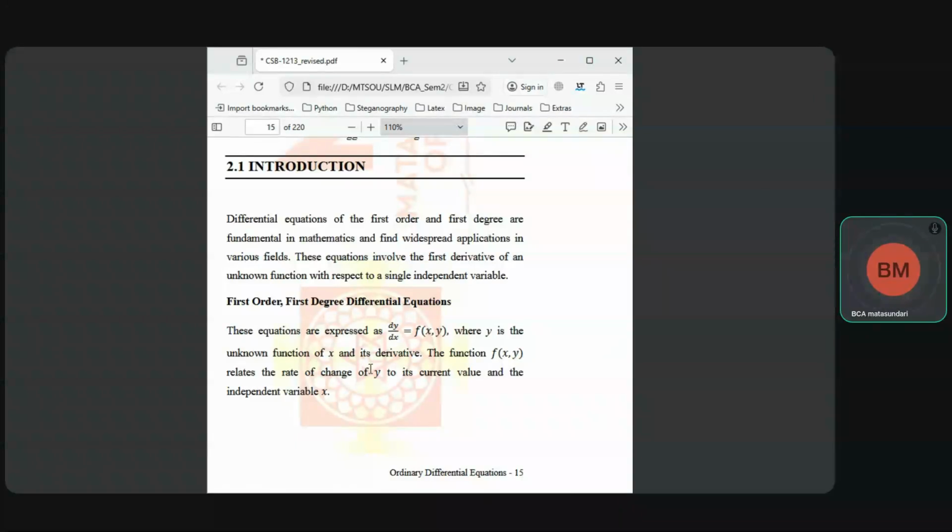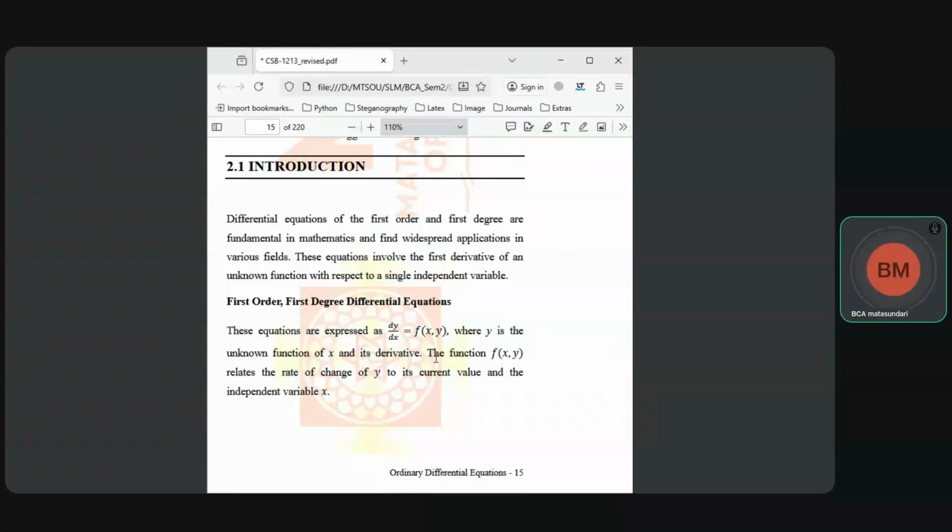We have seen the first order, first degree; here we'll see more in detail. Differential equations of the first order and first degree are fundamental in mathematics and find widespread application in various fields. This equation involves the first derivative of an unknown function with respect to a single independent variable.